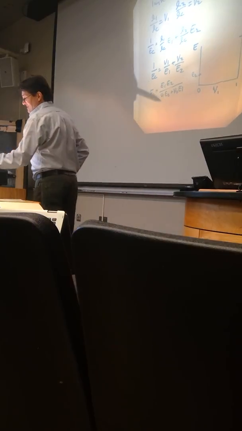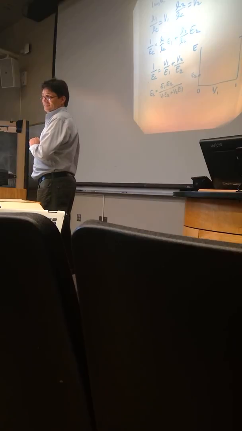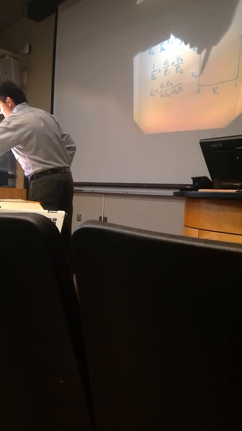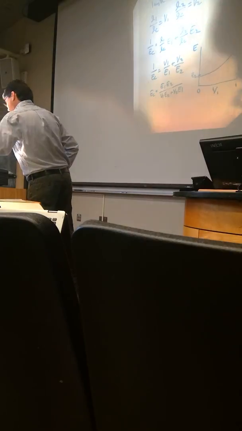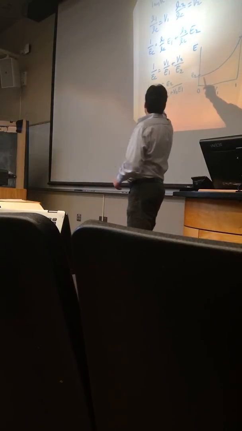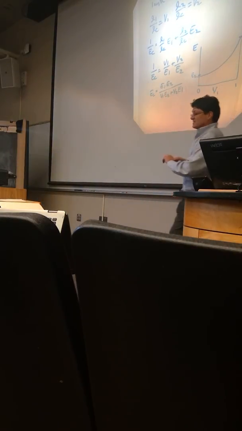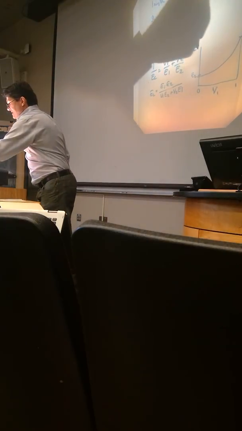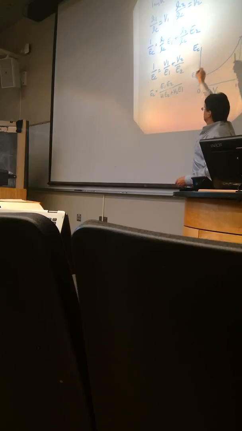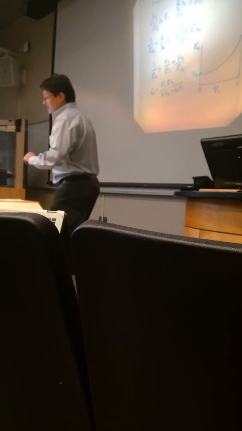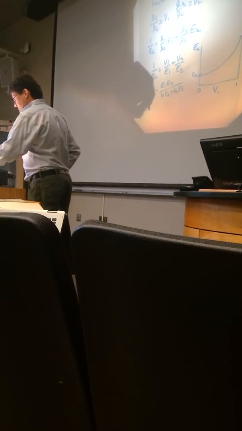But now, this isn't the equation of a straight line. It's something that looks more like this. So that's how the elastic modulus of the composite, EC, will vary with volume fraction. So this is the lower bound limit.